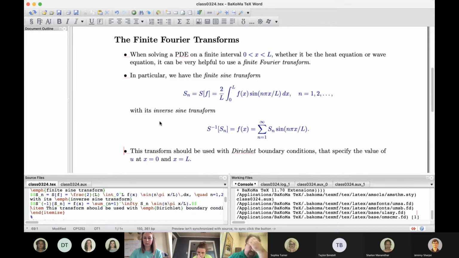If you have a heat or wave equation with Dirichlet boundary conditions, meaning that the value of the solution u is specified at the endpoints, so u of 0, t equals something, or u of L, t equals something, as opposed to the derivative, use the sine transform.